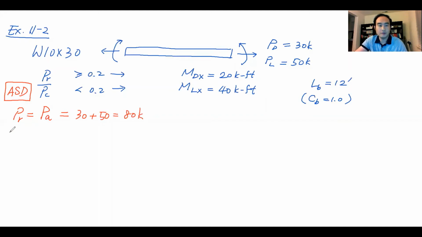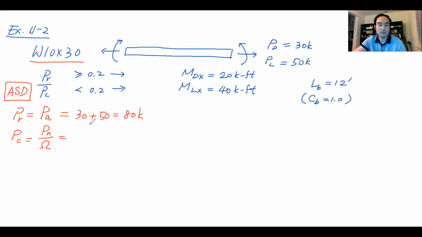And let's calculate PC. So PC for W10 by 30 section. We can directly use the value from the steel manual, or we can easily find out Pn over omega against, in this case, the yielding, because the problem description specifically says tensile member with no holes, right? There's no hole, there's no bolted connection, so the rupture limit state is not going to be available in this case.